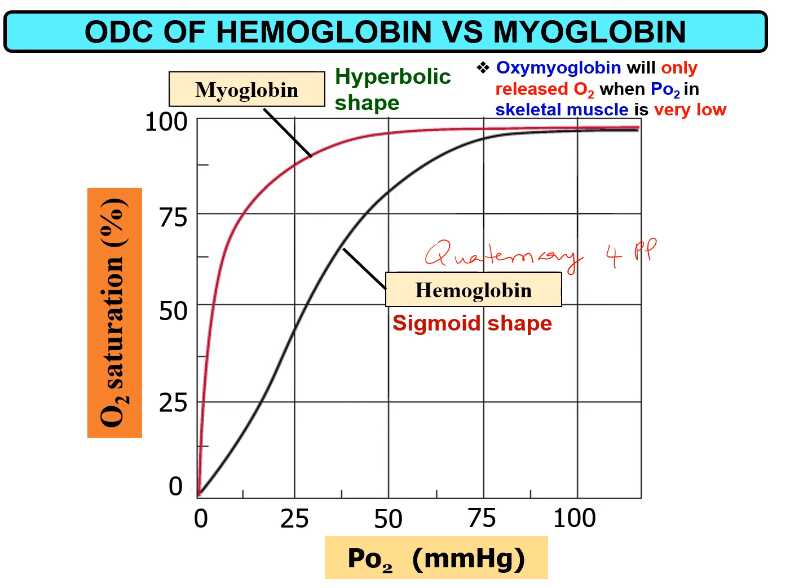While myoglobin is a tertiary level protein because myoglobin has only one polypeptide. For the ODC, myoglobin has a different shape compared to hemoglobin. Myoglobin has a hyperbolic shape while hemoglobin has a sigmoid shape.